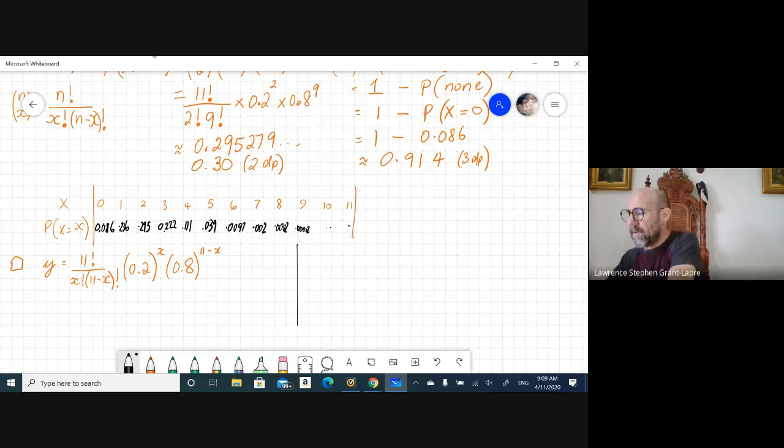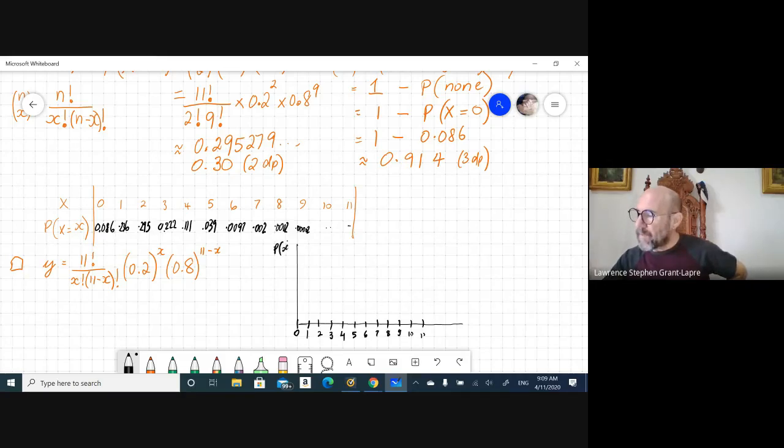I'll go across 11: 0, 1, 2, 3, 4, 5, 6, 7, 9, 10, 11. And I'll put in the probability of x. We want the biggest values about 0.3, so 0.1, 0.2, 0.3.